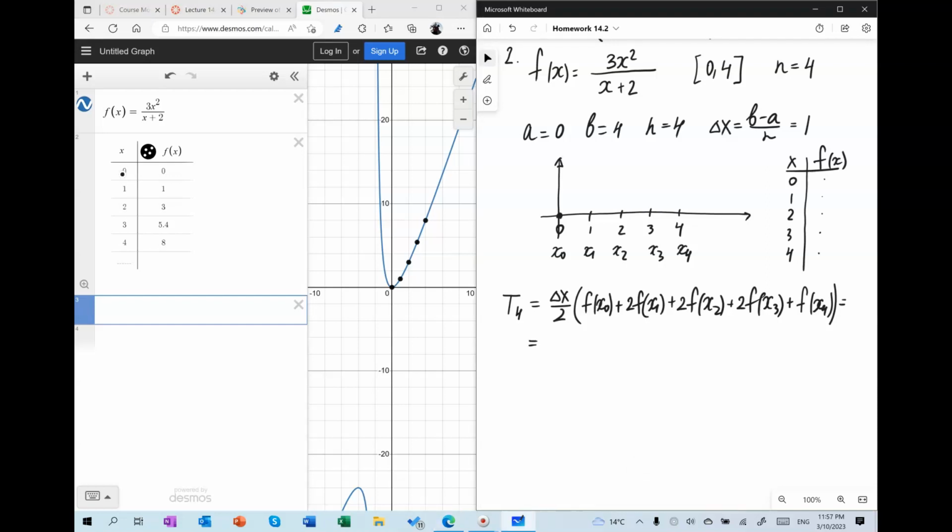So we have delta x is 1 over 2, f of x0 is 0, plus 2 times 1, plus 2 times 3, plus 2 times 5.4, plus 8. And we have 1/2, 2 plus 6 plus 10.8 plus 8. So we have 26.8.